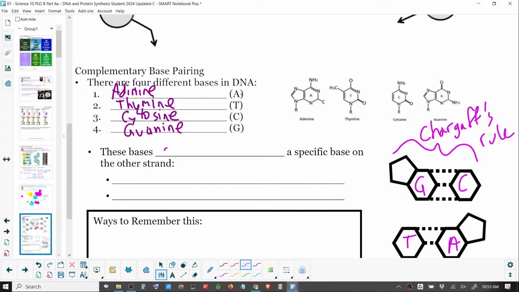So these bases always match. If they don't match, you run the risk of introducing a mutation because that will carry forward. So you need them to match.